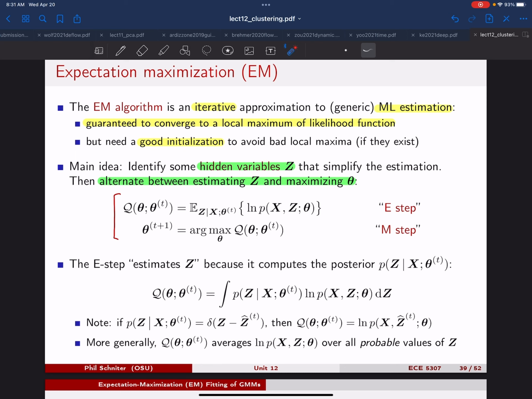There are other versions of EM where you say, I'm not going to use exactly this. I'm going to use something that's a little weaker because maybe it's more tractable. And there's also versions where you don't exactly maximize it here. Maybe you have a complicated joint maximization that you can't do. So what you do is you optimize it one variable at a time. You optimize the first variable, leaving the rest fixed. Then you optimize the second variable, leaving the rest fixed.